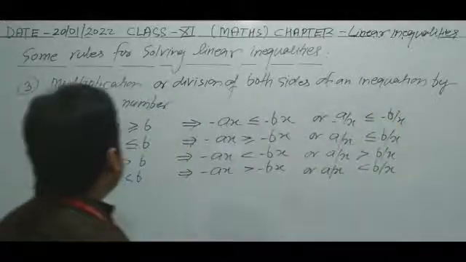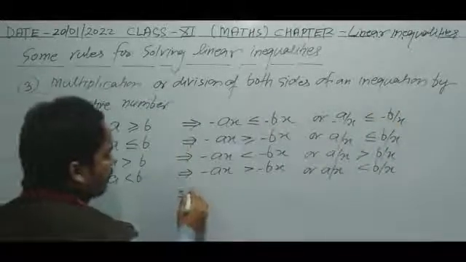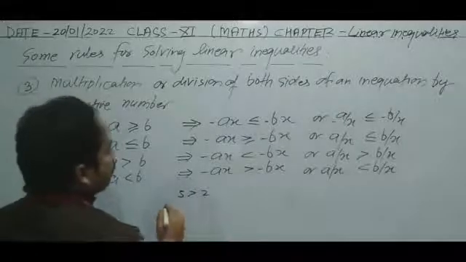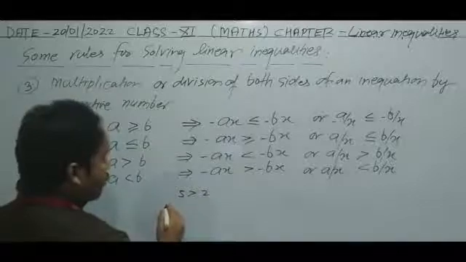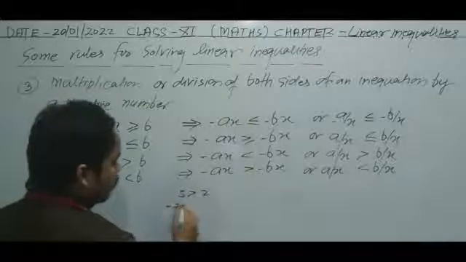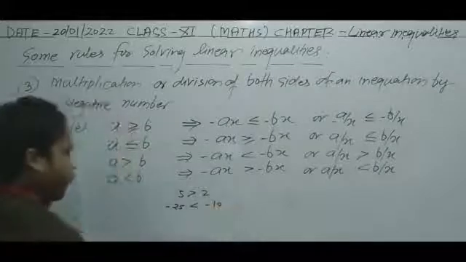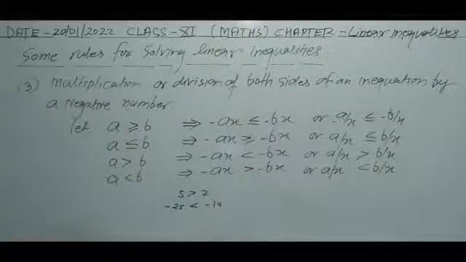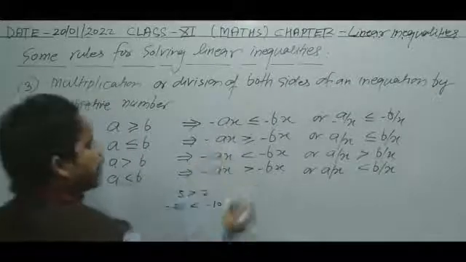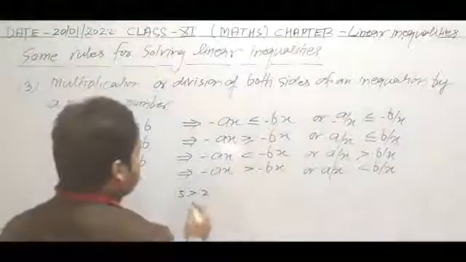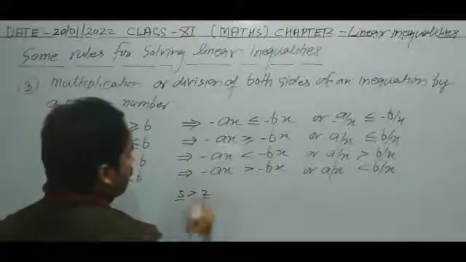You can take an example also. Suppose 5 is greater than 2. If you multiply by minus 5 on both sides, minus 25 is less than minus 10, you know. So this inequality is verified. Now suppose you divide by minus 5 on both sides.